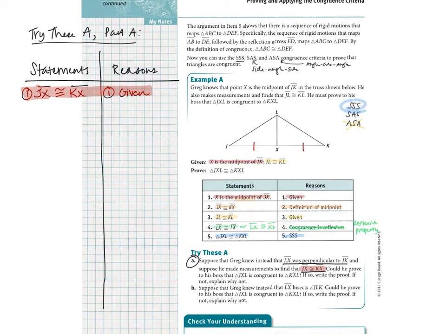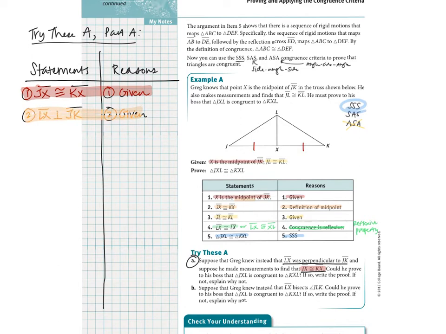Okay, now, since that was a given piece of information and we can't really do anything else with that, let's go ahead onto our second given. It's a little trickier, but we're going to say LX is perpendicular to JK. So that's going to be my second step.